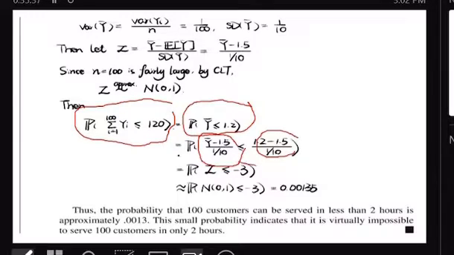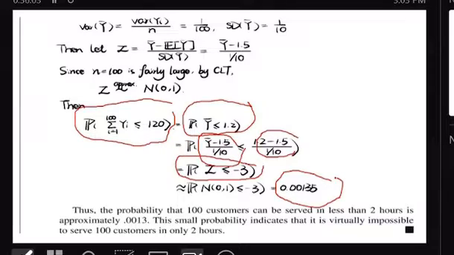At the end, I'm actually going to have the probability of z less than or equal to -3. I can make use of my statistical table, or use coding. I can just write pnorm of -3. And of course, the final answer is going to be 0.00135. That probability is very, very small.